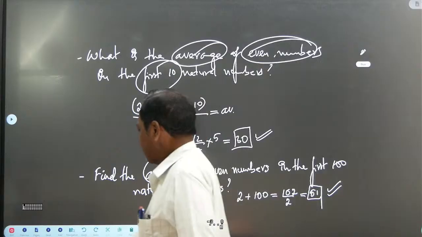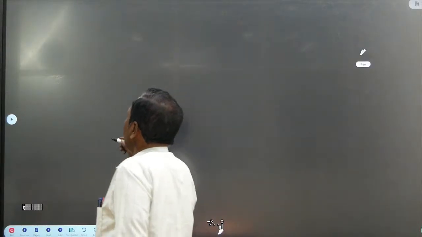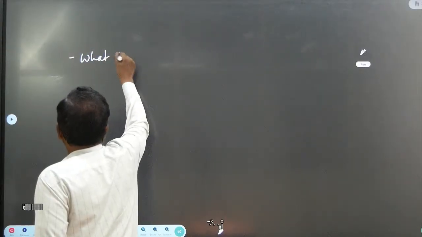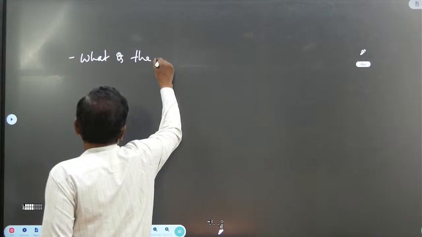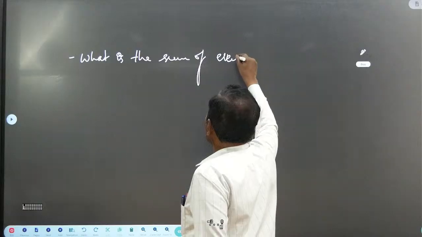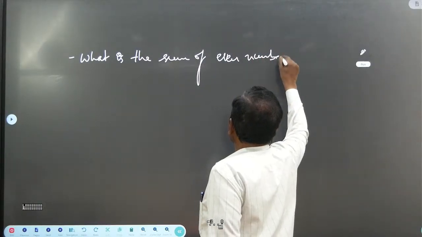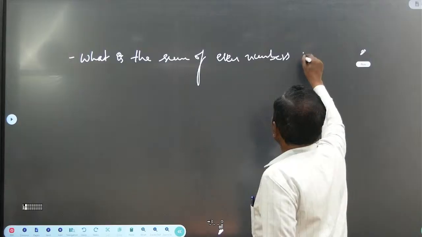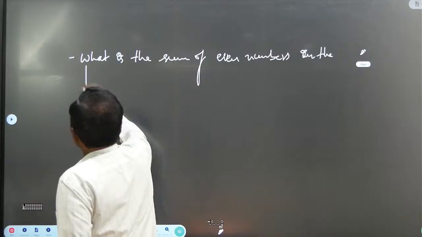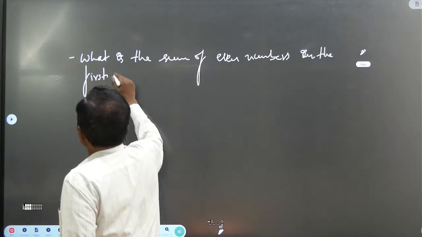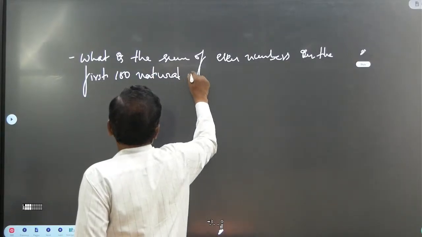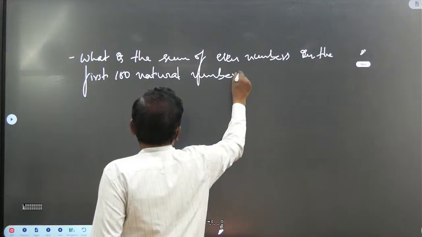Next you can see, what is the sum of even numbers in the first 100 natural numbers?